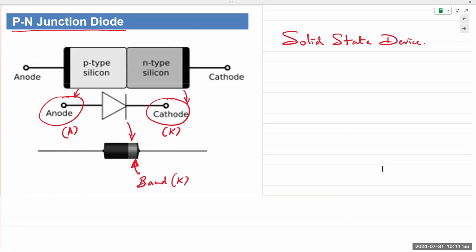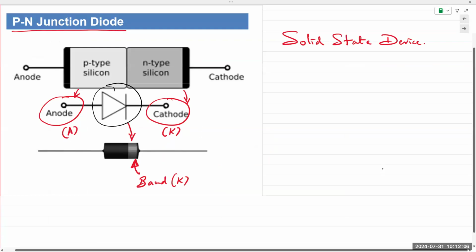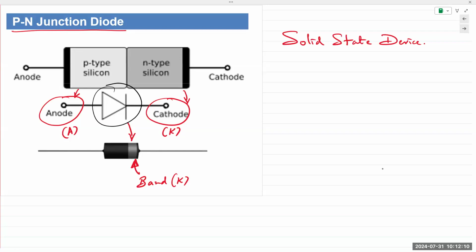Okay, so similar to the vacuum tube diode, a solid state or semiconductor PN junction diode is a one-way device, and that one-way notation is illustrated by this arrowhead pointing towards the direction of the current. The names of the terminals carried over from the vacuum tubes.